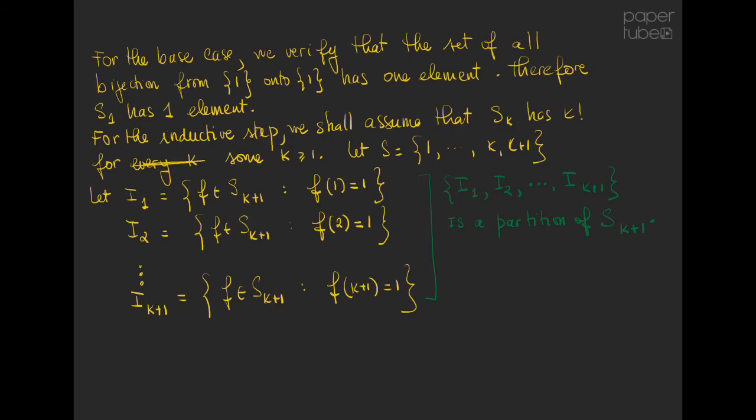Now, I want you to pause the video here and try to completely understand these ideas for yourself. Once you do that, then you will be able to proceed with the rest of the proof. By the inductive hypothesis, Ij has k factorial elements in it.